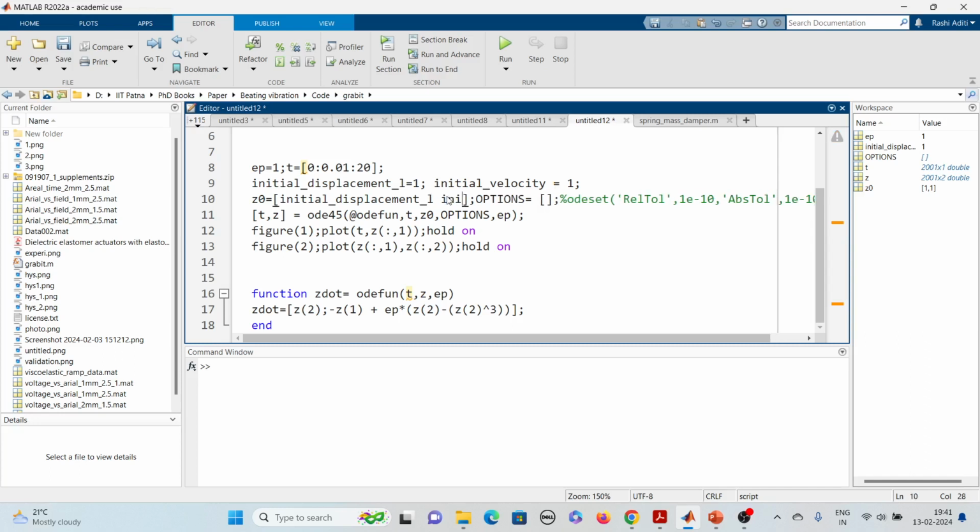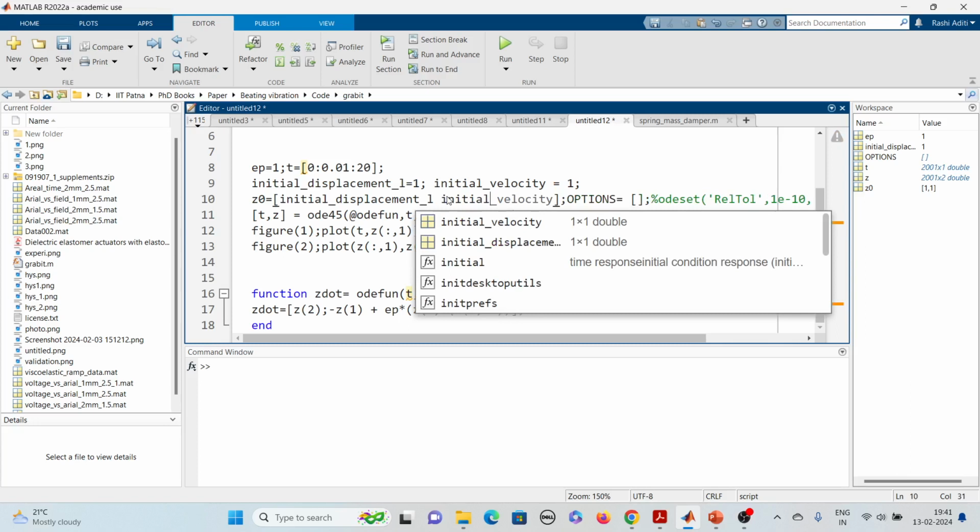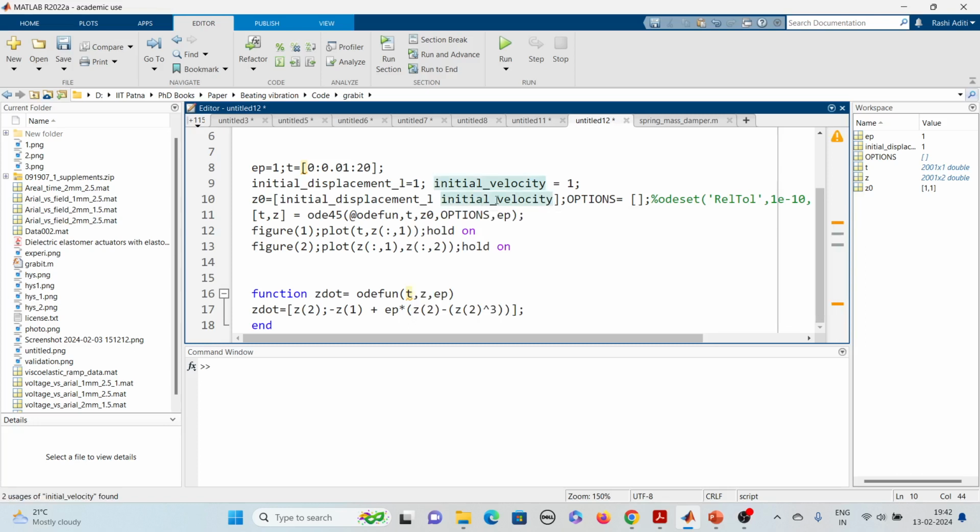It will be easier to understand. So I define z dot like this, and then I give the ODE45 command. I'll just simulate the system and see what is going to happen.